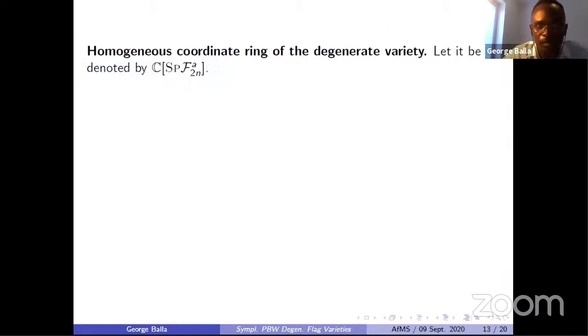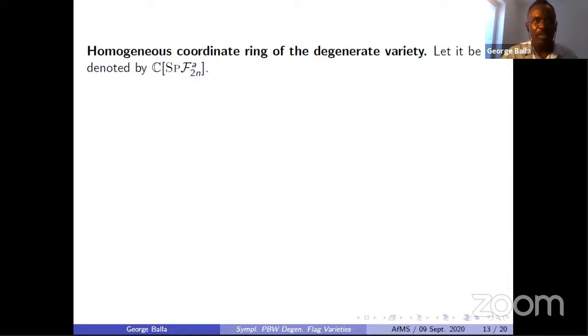Now, the rest of the talk will be dedicated to proving our main result. For this, let us introduce the homogeneous coordinate ring of this variety.